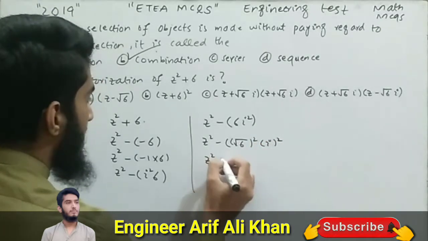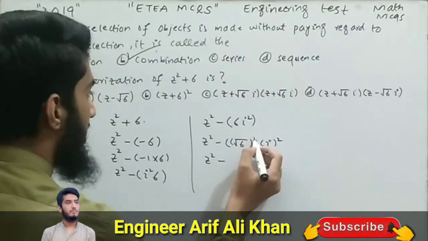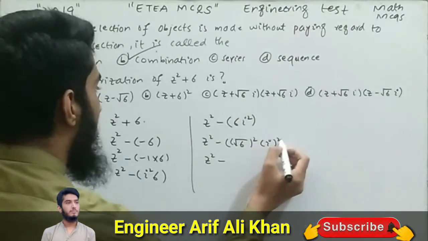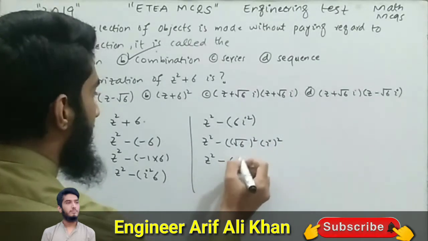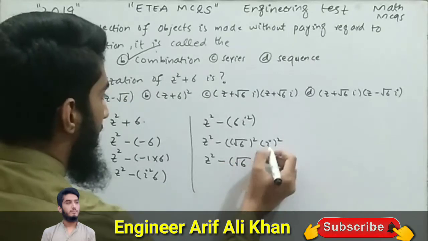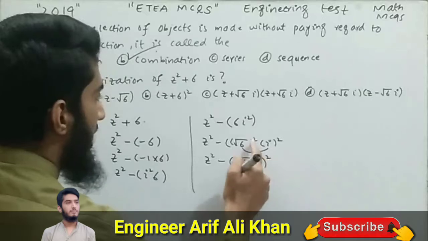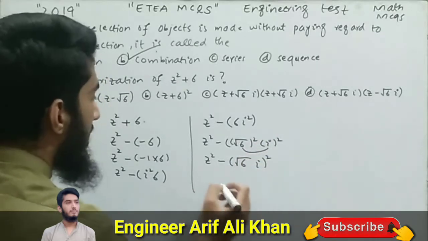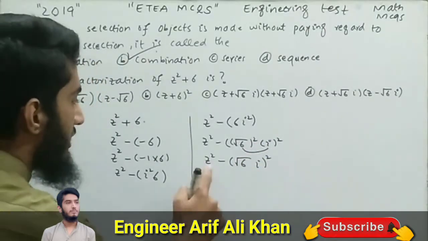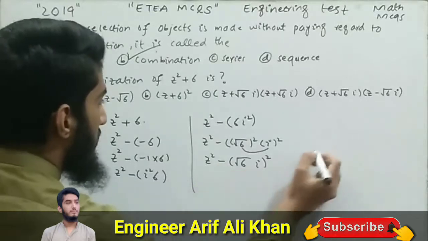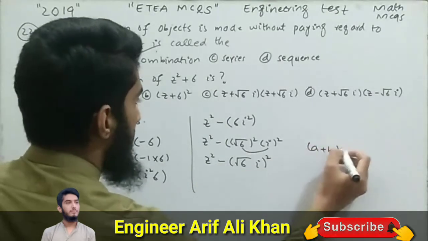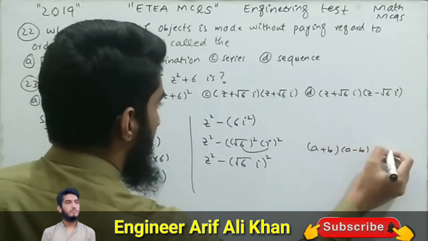Now over here, this square is on under root 6 and also square on iota. So we can write it as under root 6 iota whole square. We multiply under root 6 with iota and take the square on both of these. After this, a formula is generated, a square minus b square, which is equal to a plus b into a minus b.